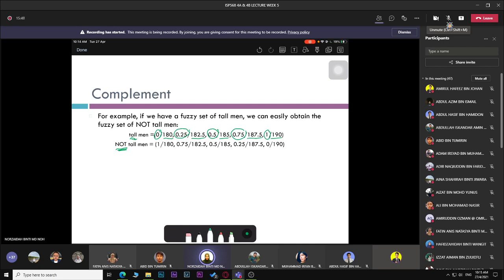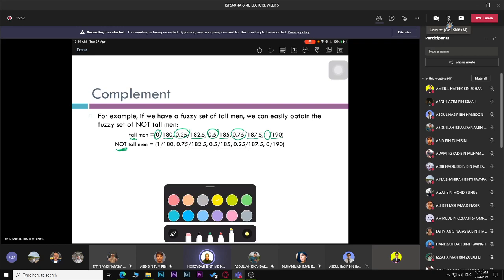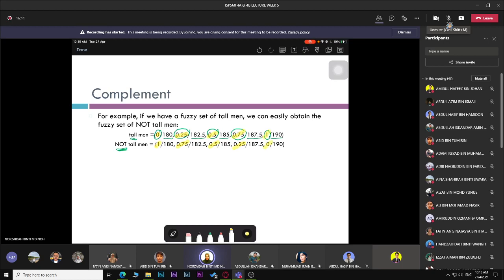So 1 minus 0 is 1. 1 minus 0.25 is 0.75. 1 minus 0.5 you'll get 0.5. 1 minus 0.75 you'll get 0.25. 1 minus 1 is 0. So the set becomes inverted. If you imagine the graph, the graph will be upside down. Okay.